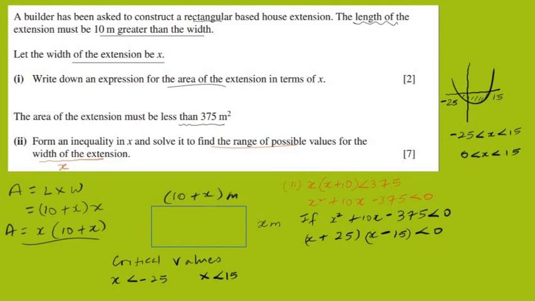So my width could be anywhere from 0 less than x less than 15. Maybe from 1 onward, a value greater than 0, like 1, etc.